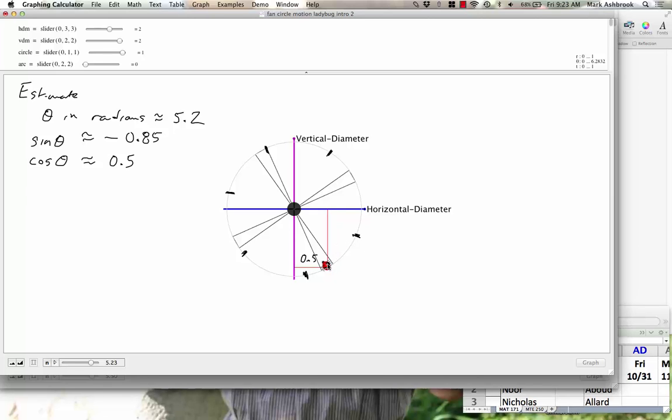And then this distance down here is about negative 0.85. What is another way to think about these two distances?